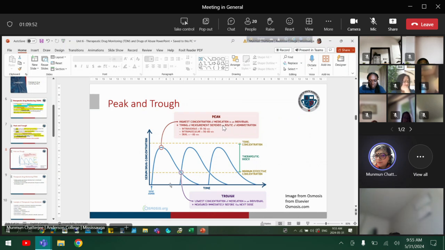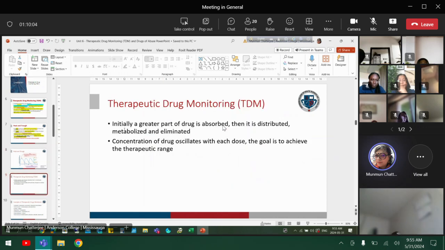But how about the peak level and the trough level? Trough is the lowest concentration, and peak level is where we get the highest value. Trough level is generally before starting the next dose. Initially a greater part of the drug is absorbed, then distributed, metabolized and eliminated. That's why it takes time to get into the blood.